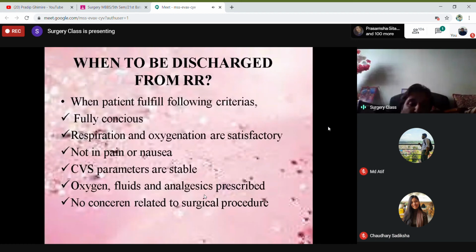Usually the stay in the post-operative ward is about 6 hours, depending on the type of surgery. If it is a hernia surgery, maybe in 1 or 2 hours you can shift the patient to the ward, depending on which anesthesia the patient has taken.